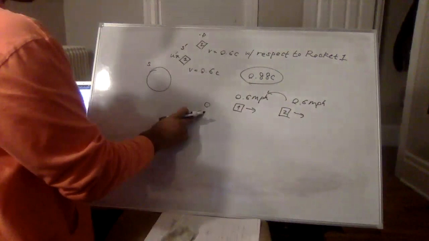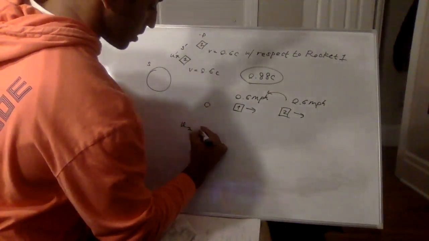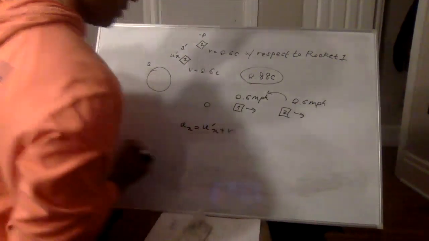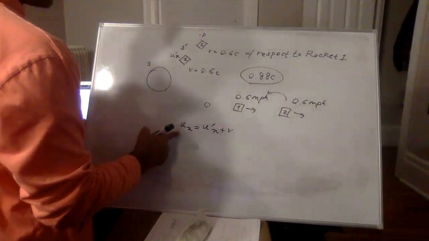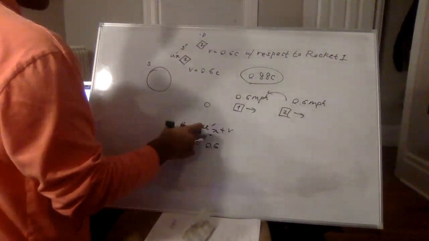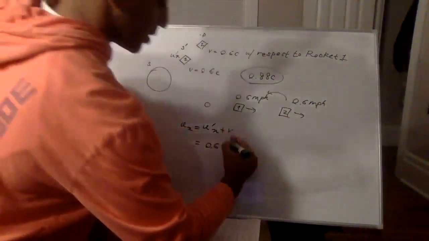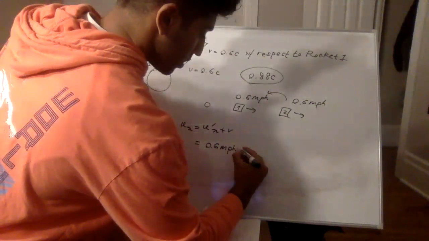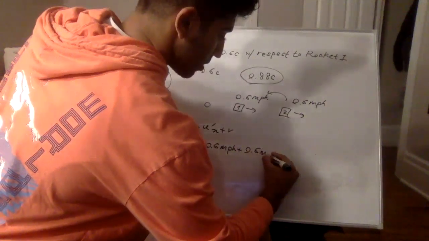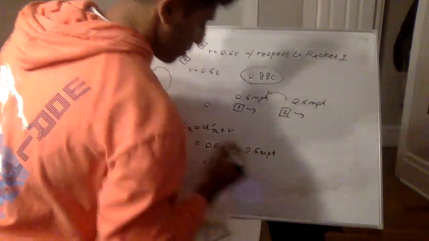A person on Earth would simply say u of x is equal to u prime x plus v. And so how fast is this moving? 0.6, coming from how fast our object is moving with reference to reference frame 1, 0.6 miles per hour, plus how fast our moving reference frame is moving, also 0.6 miles per hour. So it equals 1.2 miles per hour.